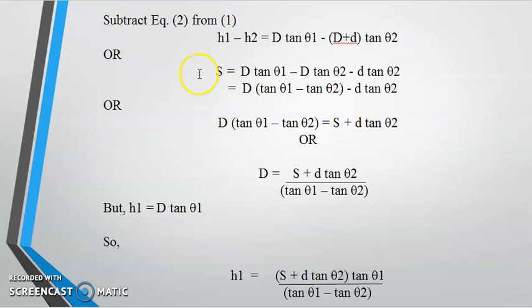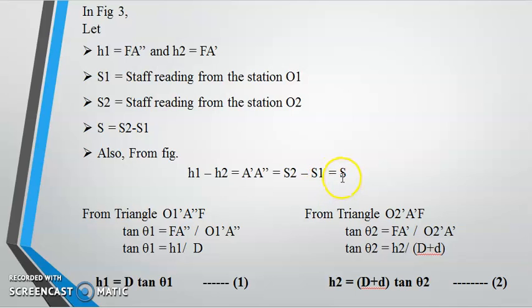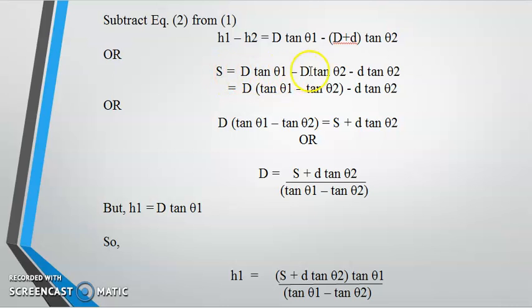Now next we subtract equation 2 from 1. So we write H1 minus H2, which is equal to D tan θ1 minus (capital D plus small d) tan θ2. Again H1 minus H2 can be written equal to S. From here we know that H1 minus H2 is equal to S. So I write it equal to S and simplify the equation, and we finally get the value for capital D, that is equal to (S plus d tan θ2) upon (tan θ1 minus tan θ2).